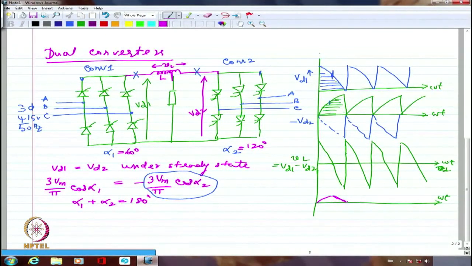So again increasing, reducing, increasing, reducing. This is how the current waveform is going to be. The voltage is increasing for 30 degrees, decreasing for 30 degrees, again increasing for 30 degrees, decreasing for 30 degrees. So the current is also going to increase for 30 degrees, decrease, increase, decrease, and so on. This is IL alone.